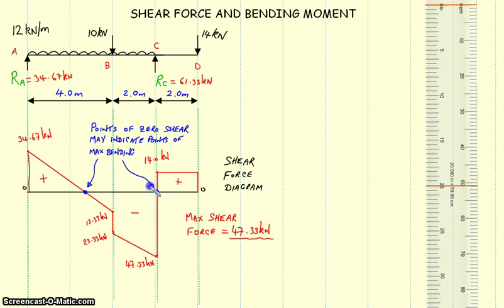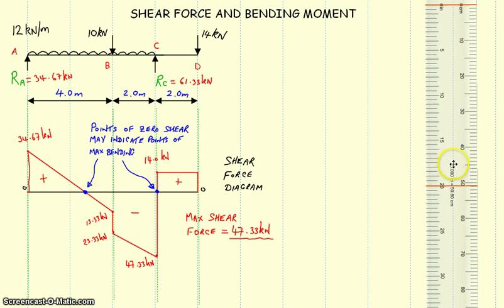Now, the purpose of us drawing the shear force and bending moment diagrams is to calculate these maximum values. So we've found the maximum shear force value here, and when we go on now to calculate the bending moments and draw our bending moment diagram, it is in essence to find the maximum bending moment. So whenever our shear force diagram is indicating to us that there is a possibility that this may hold our maximum bending point, then this becomes another critical point for us.